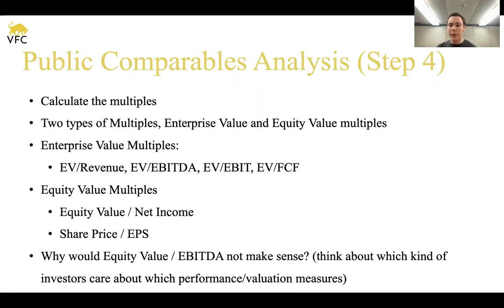And the enterprise value multiples are a little bit harder to understand at first, but a good way to think about it is from the perspective of a debt holder. So they don't care about equity value because it doesn't include debt. And they don't care about something like net income because that's after interest is paid off. So a multiple at the bottom there, like equity value over EBITDA, wouldn't make much sense because debt investors don't care about equity value, and equity investors don't care that much about EBITDA.